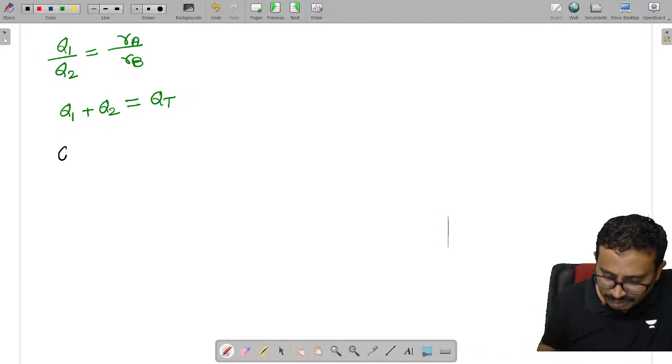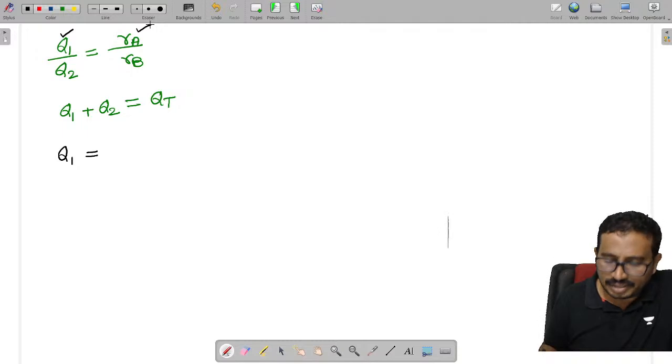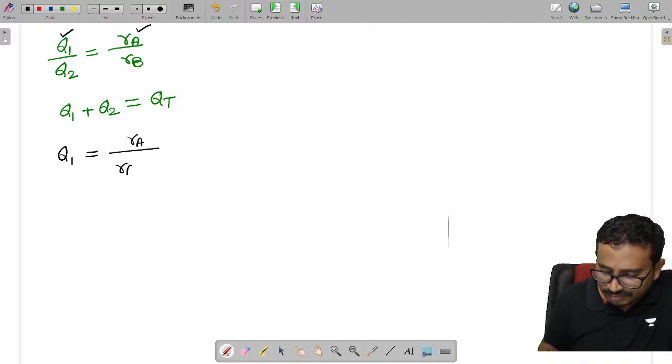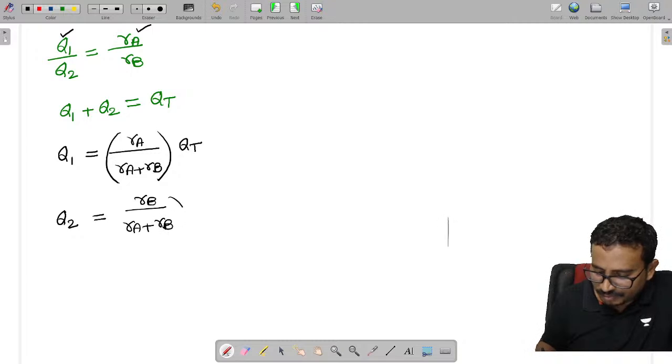From this we get Q1, the charge, directly proportional to the radius RA. So Q1 is RA by RA plus RB into the total charge QT. Next, Q2 is RB by RA plus RB into the total charge QT.